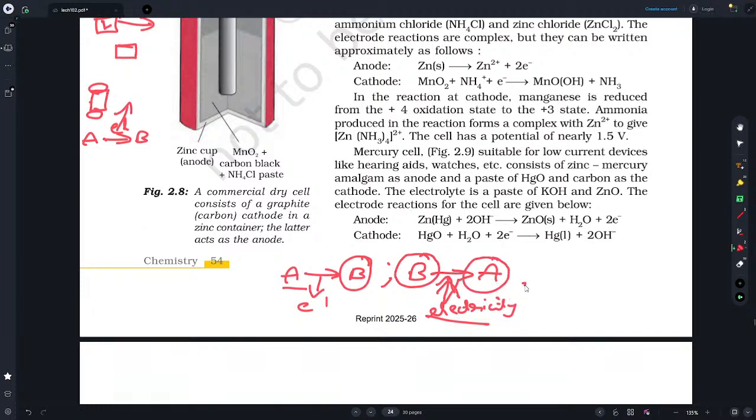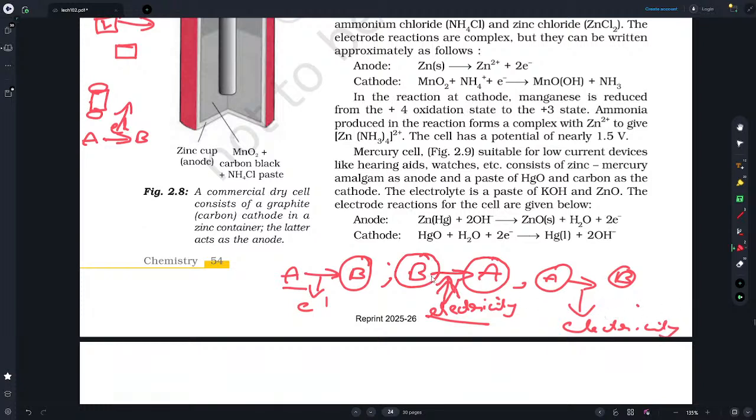Then for the second usage, after charging, this A chemical will again get converted to B chemical and again produce electricity. This is how rechargeable cells should work.